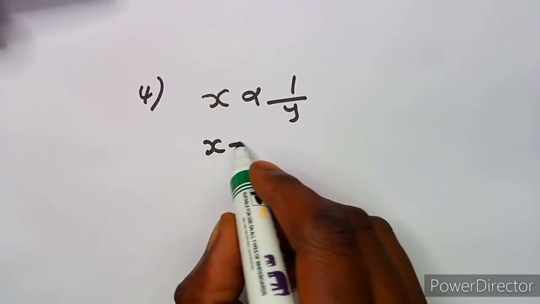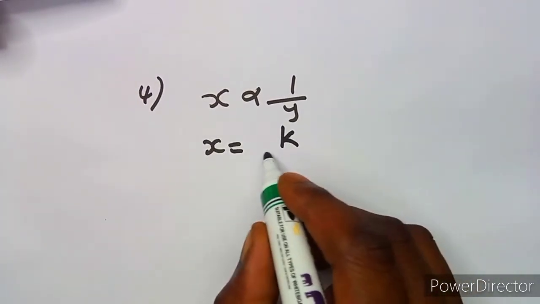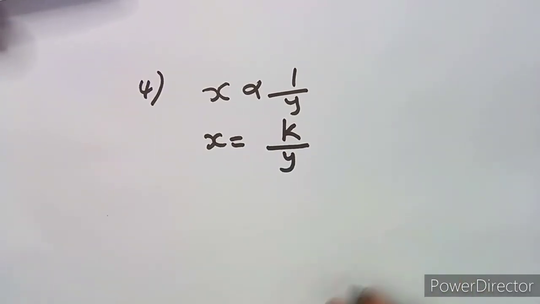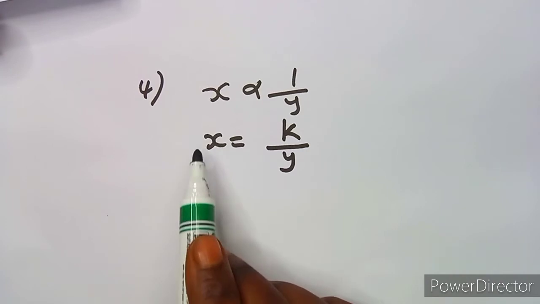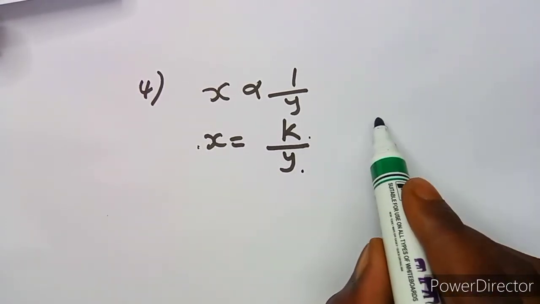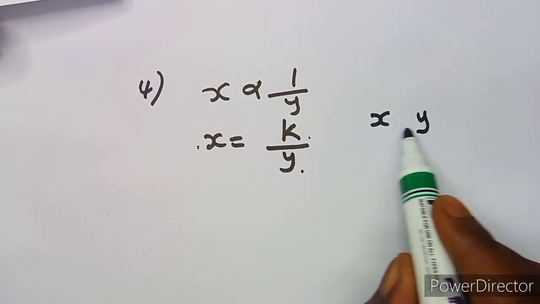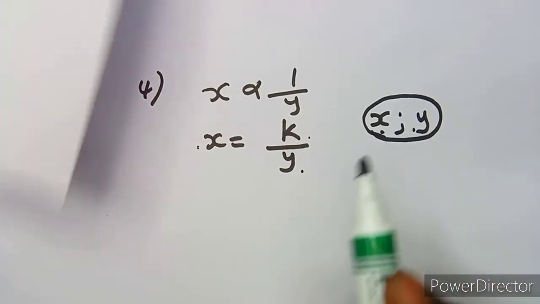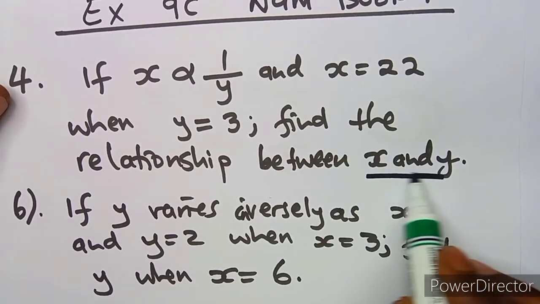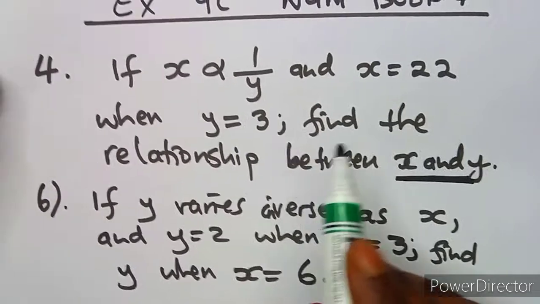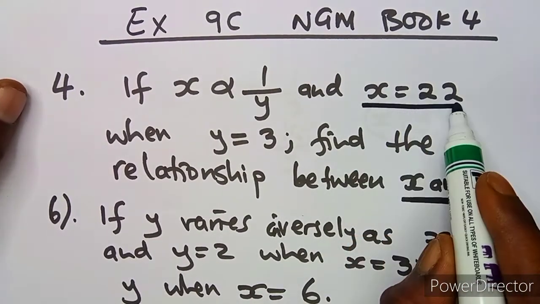So X is equal to K over Y. This is an equation which connects X, Y and K. But we need an equation where the only letters are X and Y, so you have to get rid of this K. You need to substitute to find the value of K.